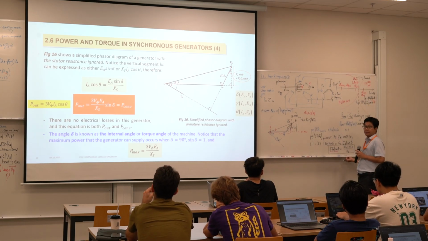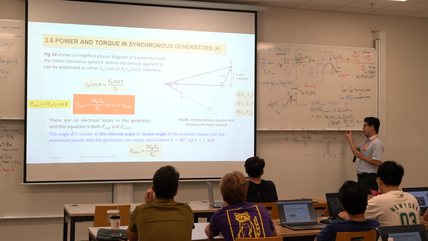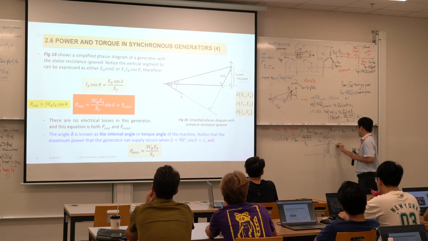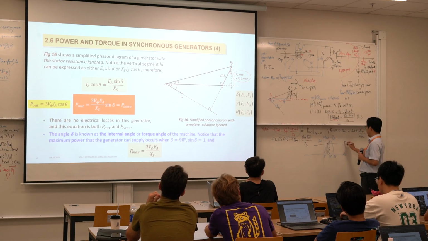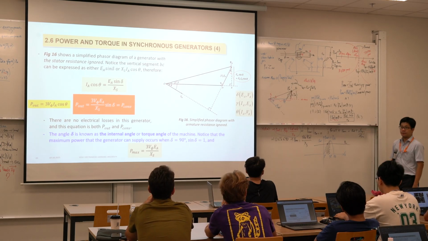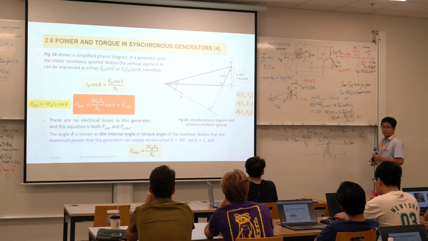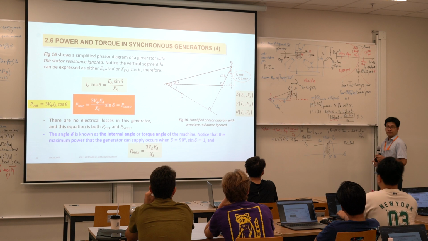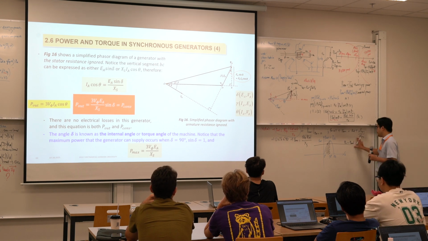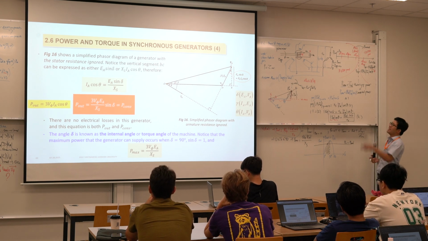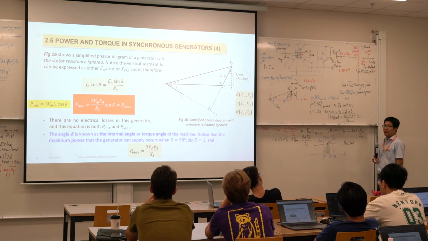The system is balanced if and only if we have a balanced point. This is P load. If we don't have load, we don't need output power of the synchronous generator.